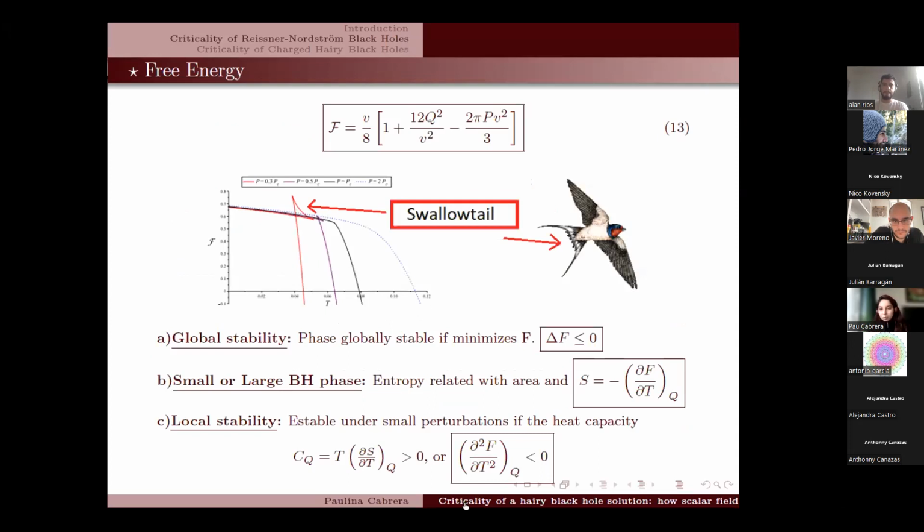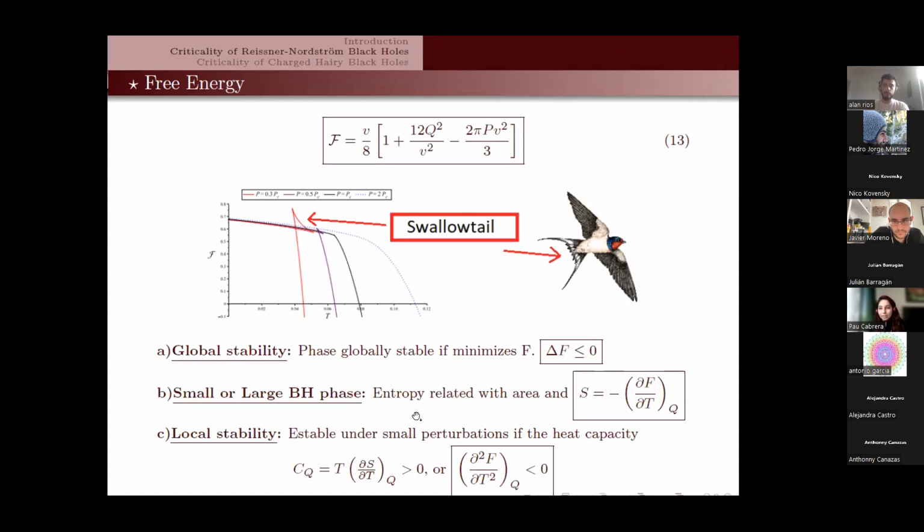Now we are going to analyze phase transitions through stability arguments by looking at this free energy plot that I personally find very fascinating, because despite its simplicity, there is a lot of information you can extract from them. The first thing you can see is it exhibits the typical swallowtail behavior for phase transition. This resembles a swallowtail, that's its name.